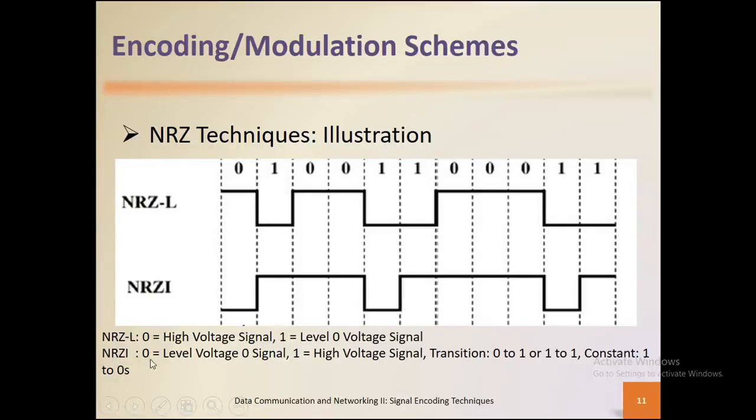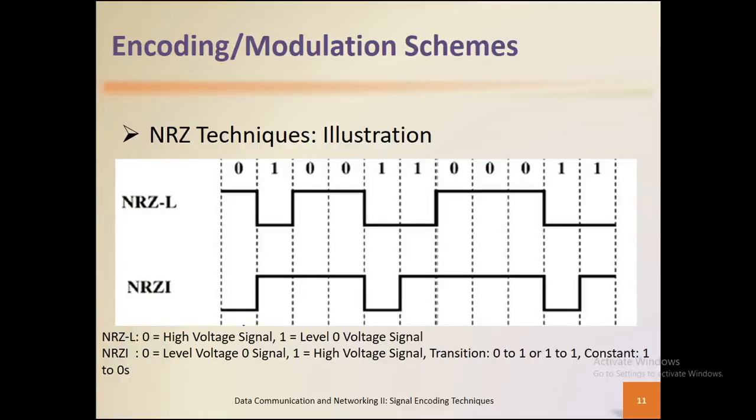But in non-return to zero inverted, you have a 0 representing a level voltage pulse, and a 1 having a high voltage signal, but it does have a transition when you have 0 to 1 or 1 to 1. Okay, so keep that in mind. The key here is that 0 to 1 and 1 to 1 are the levels that signal transitions within the non-return to zero inverted, which means any other bit sequence would not require a transition.